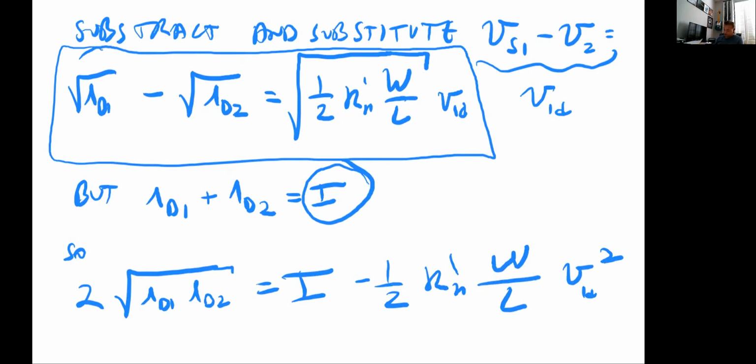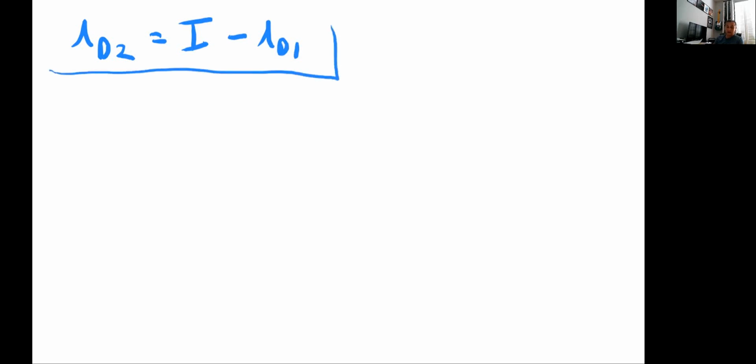And then also, the current at the drain of transistor 2 is just the bias current minus the current at the drain of transistor 1. So if we apply this, then we can solve that previous equation that I had there. So this one, I'm going to write it again here.